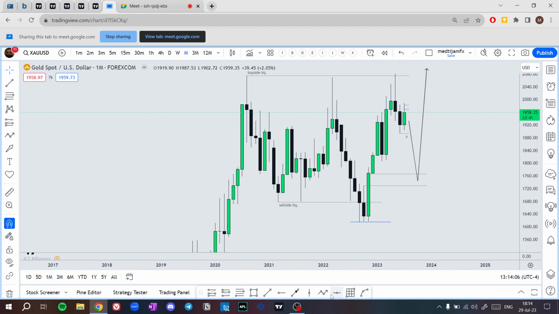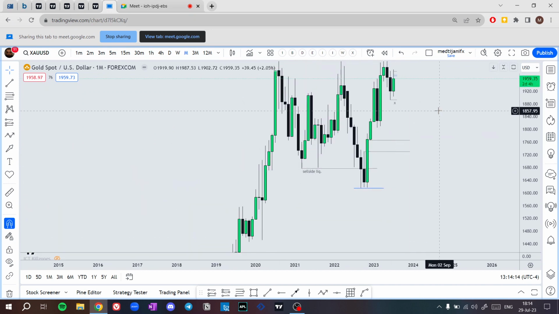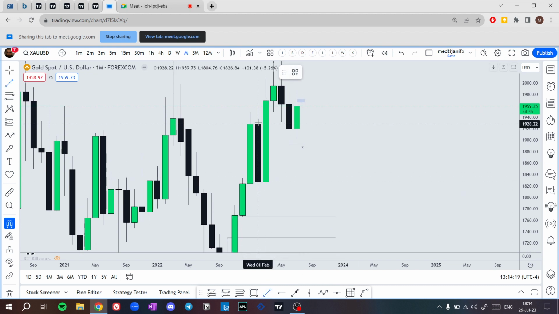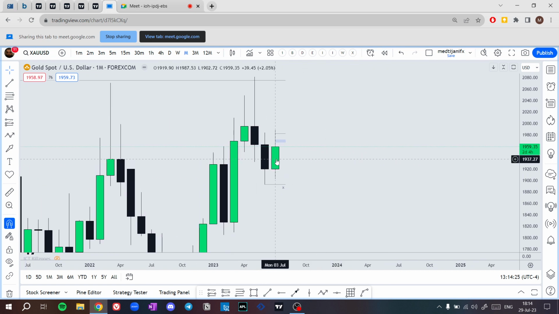And if price drops lower, then we're going to look for price to fill this fair value gap. Until then, we are expecting some bullishness from this monthly order block to go higher. We have our confirmation once price has taken this high here. So this is our confirmation to be bullish.